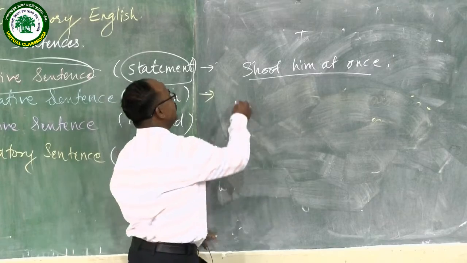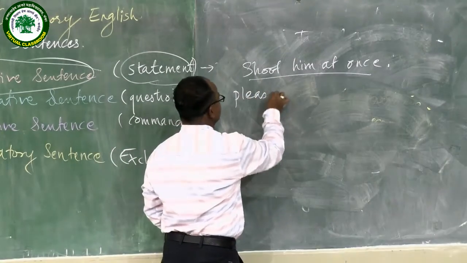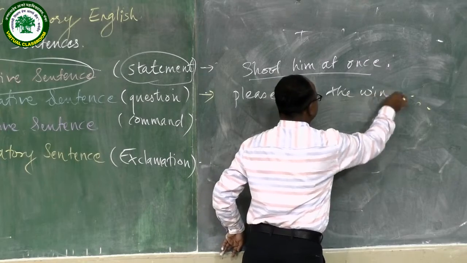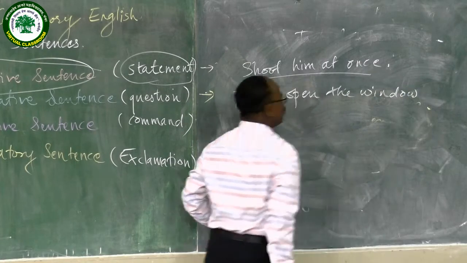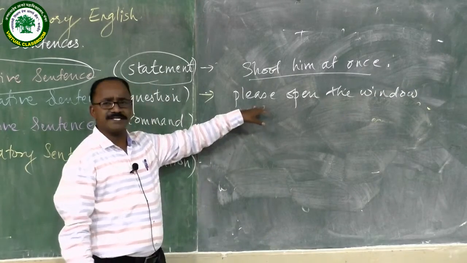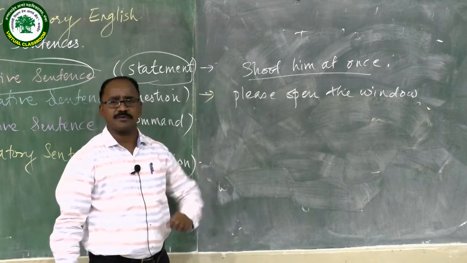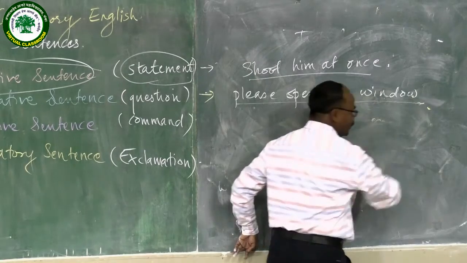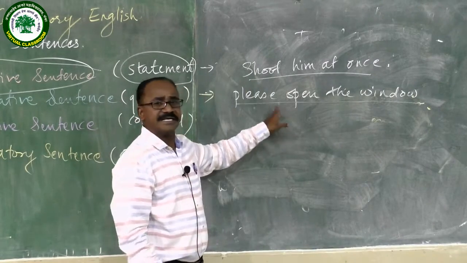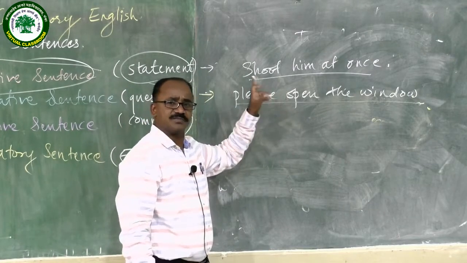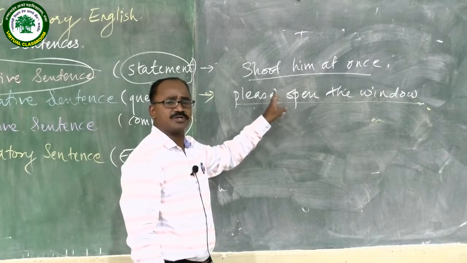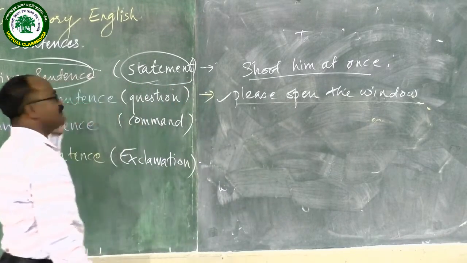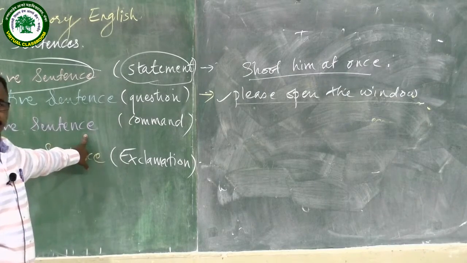Now for example, say, please open the window. Now look at this sentence. What is this sentence talking about? Please open the window. Someone is making a request. What sort of request is it here? That someone open the window. So the speaker's intention is that someone should open the window. So it is a request, and a request is a kind of imperative sentence.